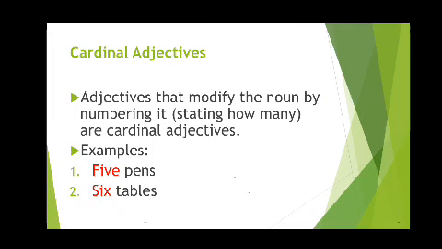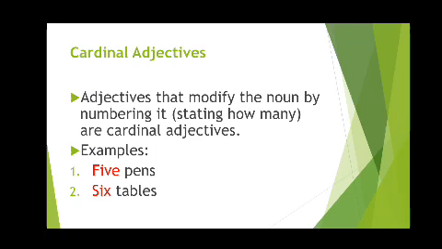Then we have the cardinal adjectives. Some of you may have studied the types of adjectives in which we did qualitative adjectives and quantitative adjectives. Well, in these presentations, I have changed it a bit. I have advanced it a bit. You have descriptive adjectives, which are divided into attributive, predicate and post-positive adjectives, and then the determiners.